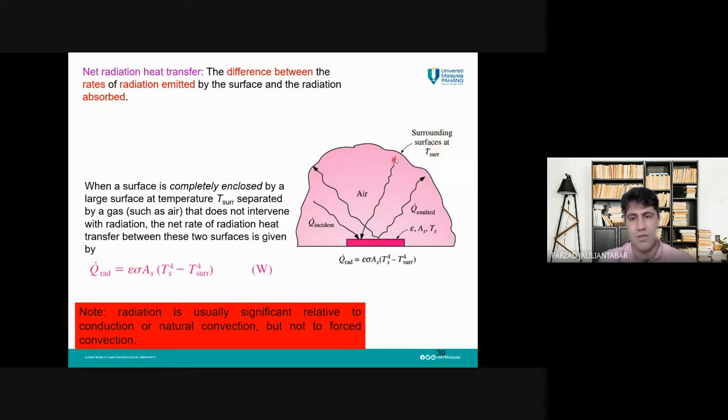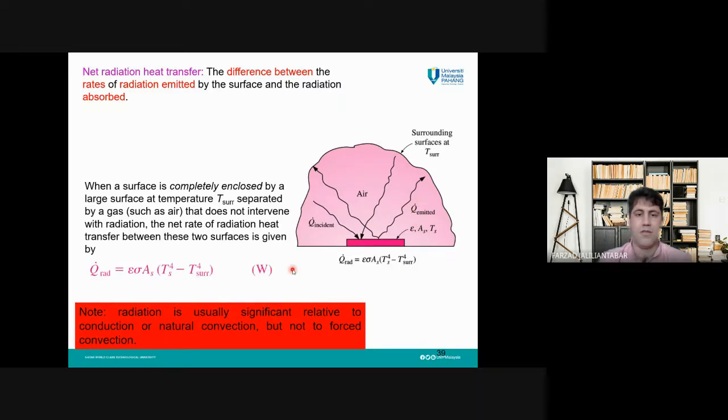Then the surrounding will emit this amount of energy to the surface due to its temperature and due to its surface. And the solid surface which we have is emitting this much radiation heat transfer, or this much energy is transferred by radiation.